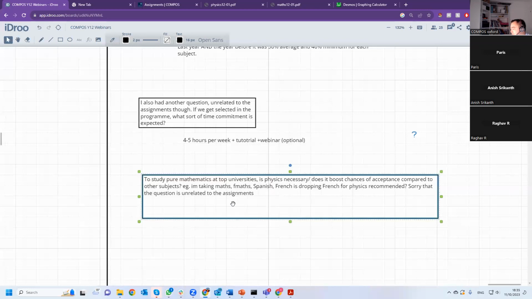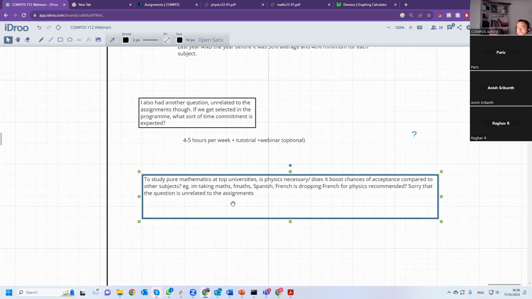If you did maths, further maths, and physics, and you did A star, A star, A star, you'd probably get a slightly better chance than a student that did maths, further maths, and Spanish, right?